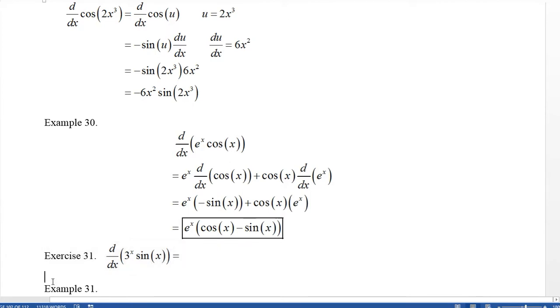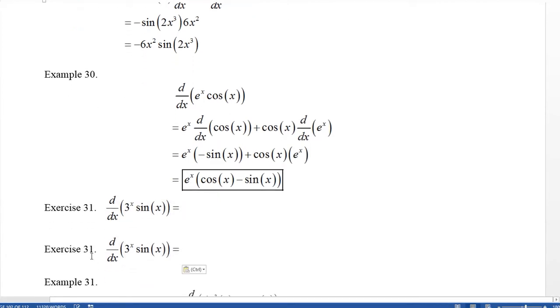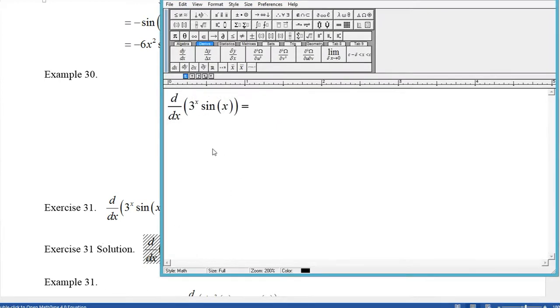Okay, let's go ahead and work that one out here in the video. So let's work out a solution to that. So, well, it's a product, so let's see. So it's the first times the derivative of the second plus the second part times the derivative of the first part.